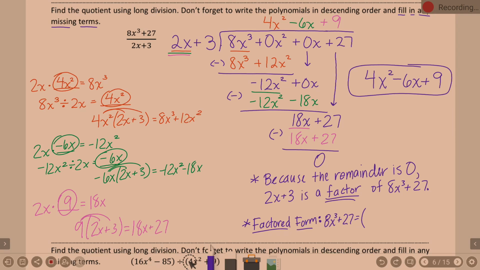It breaks into the factor of 2x plus 3, which is what I divided by, and then the result. What did we get? 4x squared minus 6x plus 9. So if you're asked for factored form, it's what you divided by and what you got as your answer. Those are your two factors. Okay?